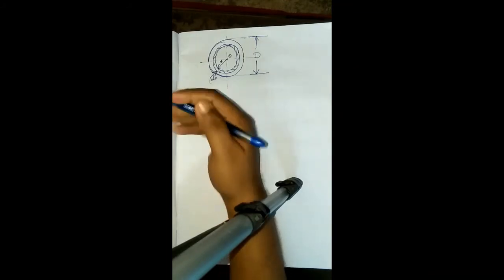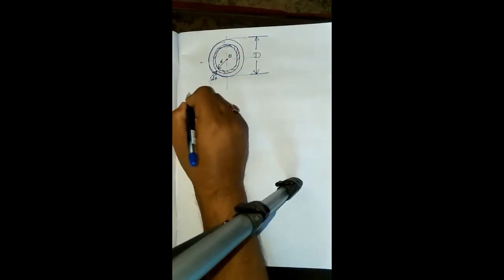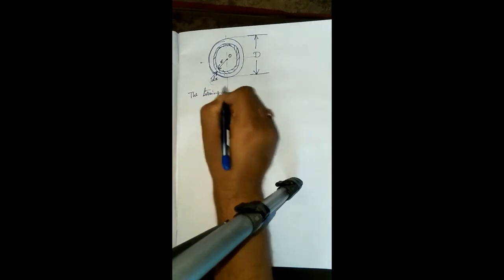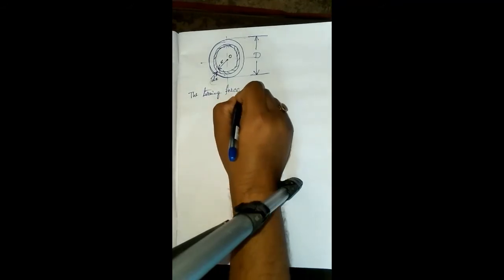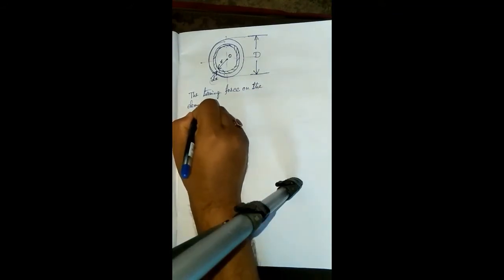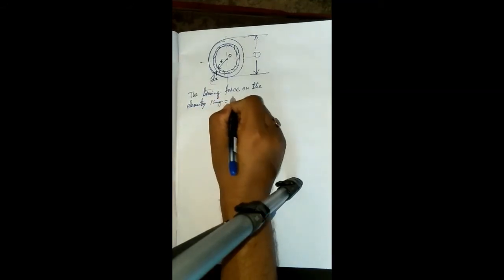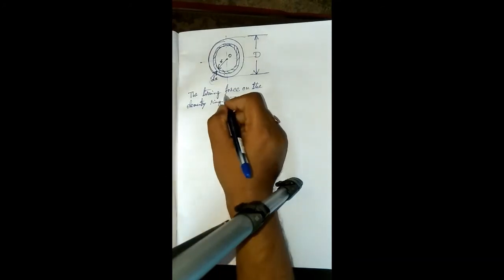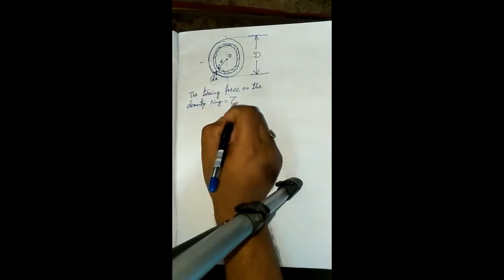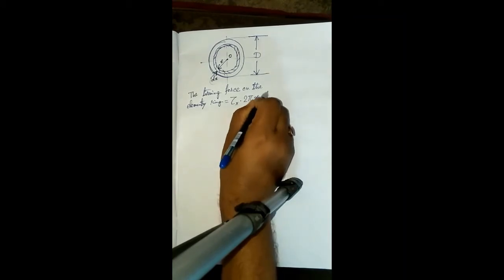Now the turning force on this elementary ring is tau x, the shear stress at distance x, into the area 2 pi x into dx.